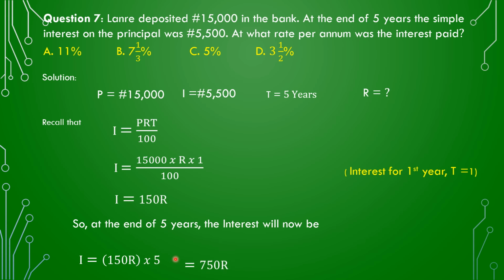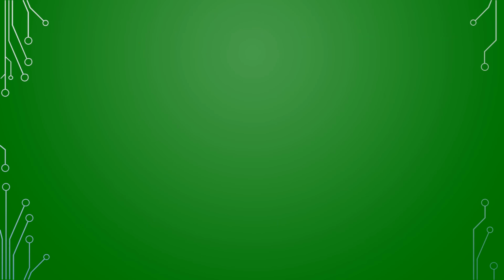Times 5 means 5 years, so I is now equal to 750 R. This is the interest after 5 years. Don't forget, we have the interest for the first year. We now have the interest at the end of 5 years.